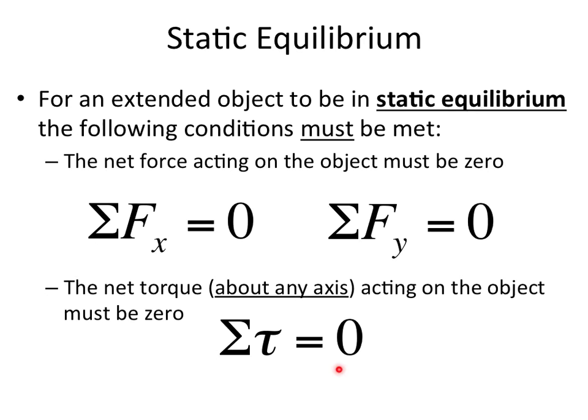For example, let me illustrate something real quick here. So right here we have a rod, a bar, and it is experiencing, we'll say, 5 newtons of force downwards there, and 5 newtons of force upwards right there. You could say that the net force in the y direction, let's just ignore the x for now, is definitely going to be 0.